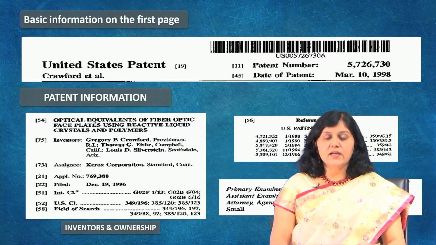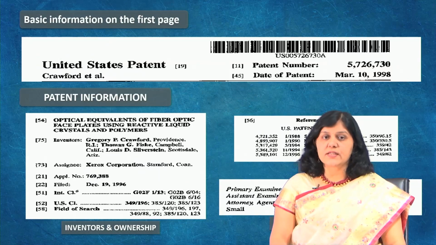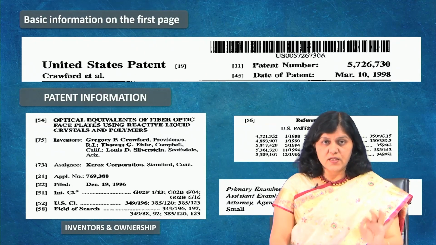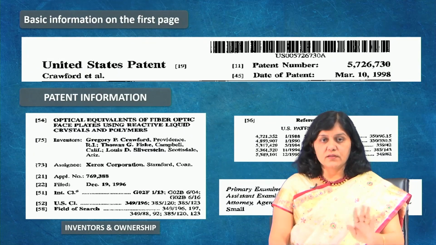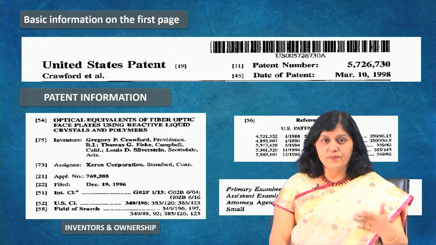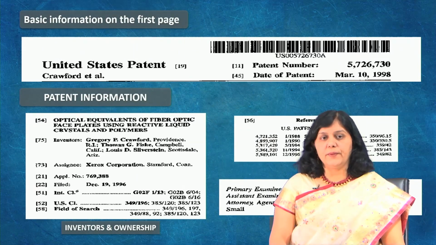In any country, if you see that patent document, this information and the position where that information is, that is fixed. So, this is a uniform arrangement or style of writing the patent document, or the publication of that patent will be in this format only.